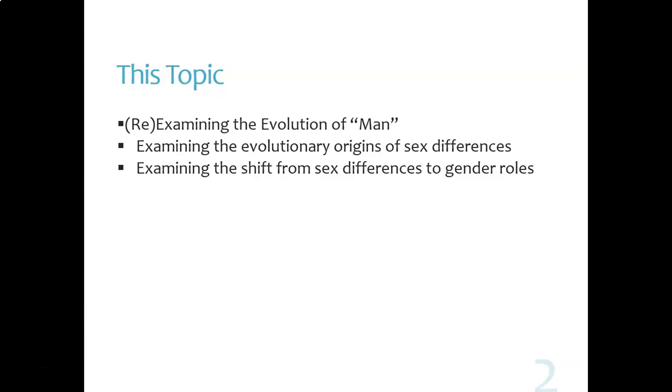And then the second part is looking at how we've used some of these evolutionary models and also primate models to then explain or attempt to explain what first early life looked like for our earliest ancestors, for the hominins, but then also to explain potentially the origins of the rise of gender roles.